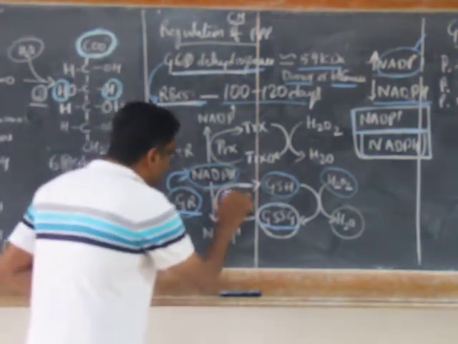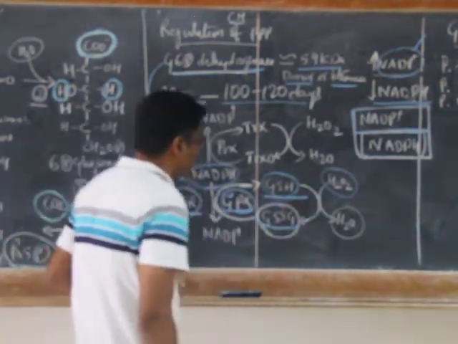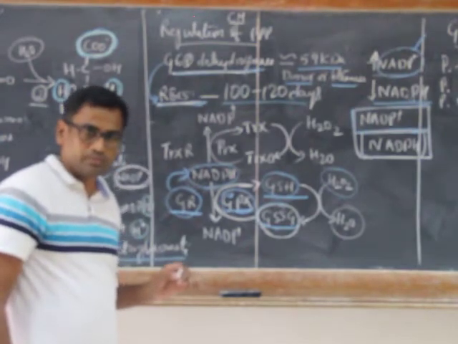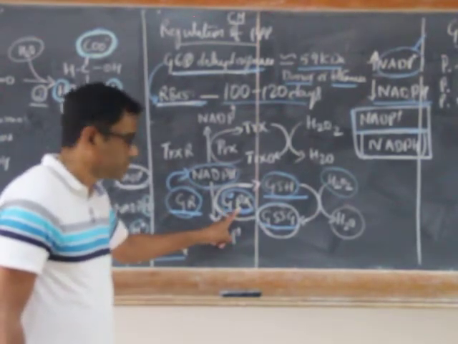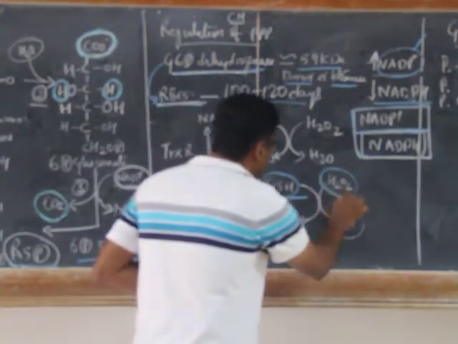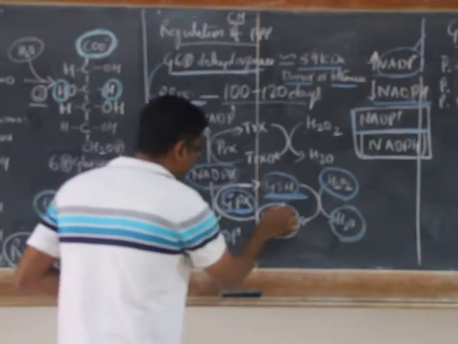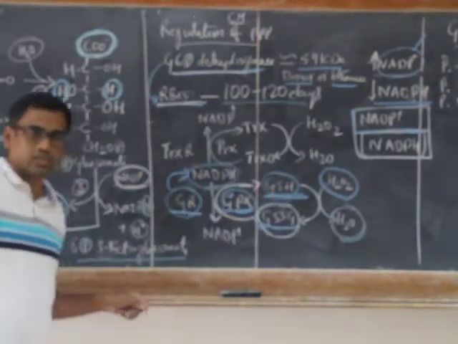Once GPX gets glutathione in the reduced form, this GPX, glutathione peroxidase, can reduce H2O2 to H2O. This reduced glutathione becomes oxidized glutathione.